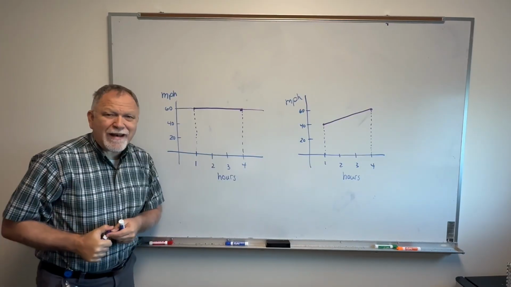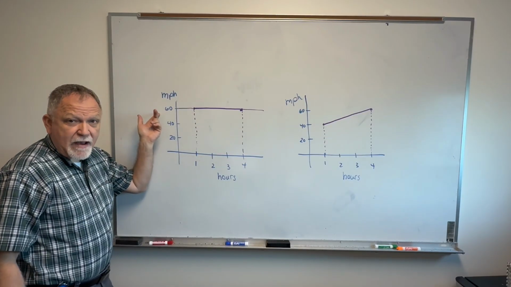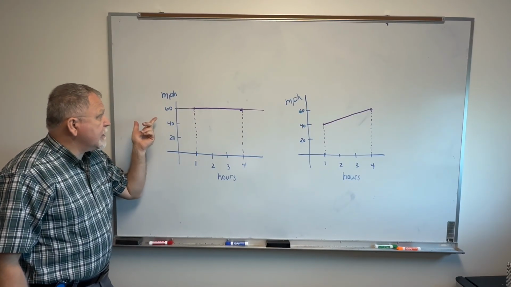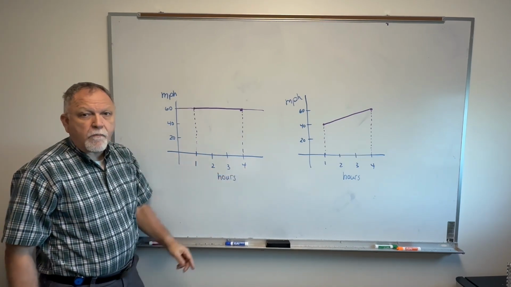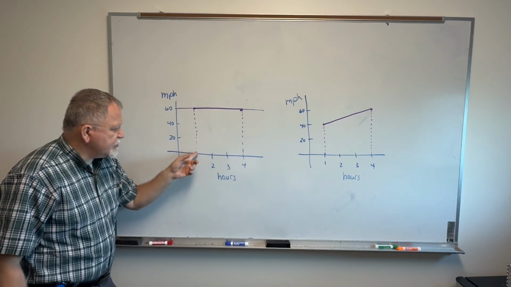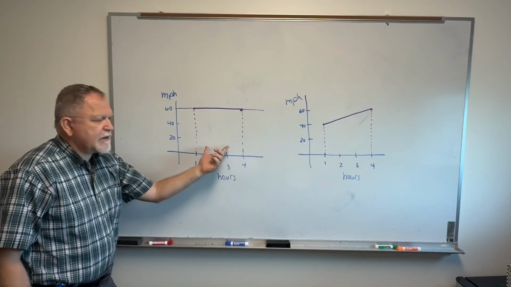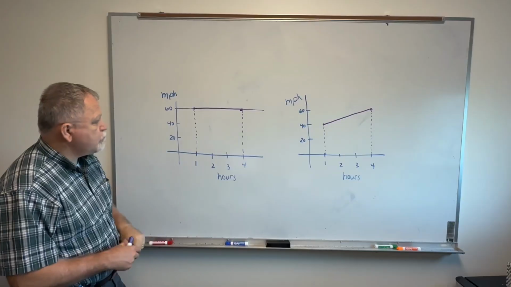Now let's think about what a natural question might be. If this car was traveling 60 miles an hour, how far did it travel between hours 1 and 4? This is pretty intuitive. The change there was 4 hours minus 1 hour, a 3-hour change. 3 hours times 60 miles an hour.